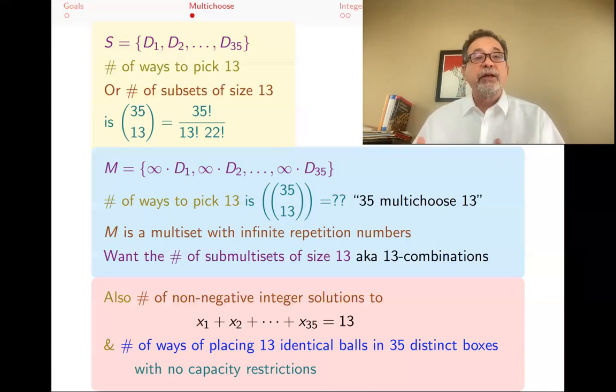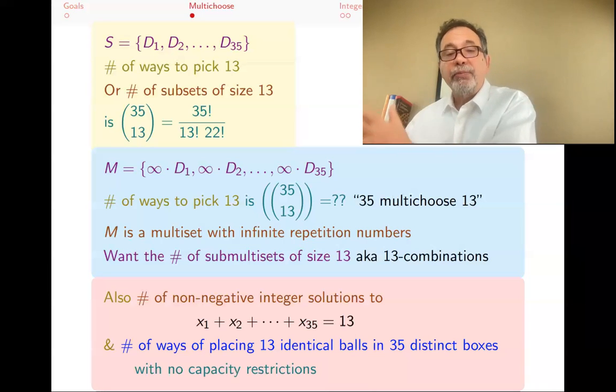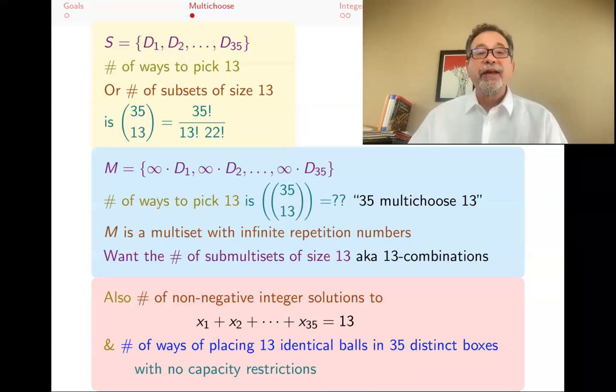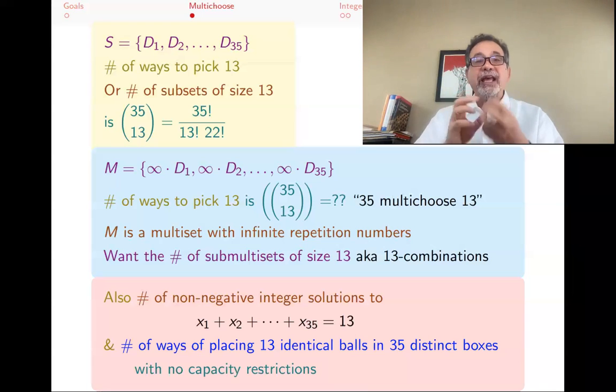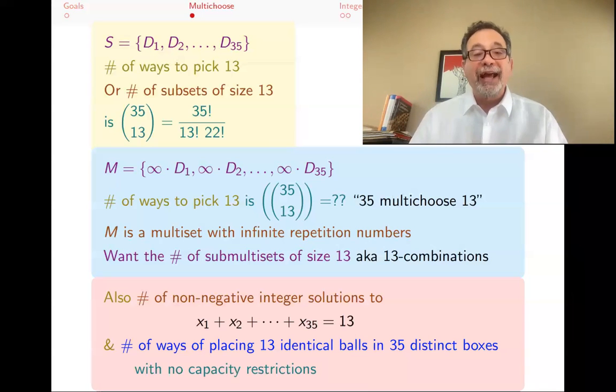There's going to be one box for donut type 1, one box for donut type 2, one box for donut type 35, and I've got these 13 balls that are all the same. I'm going to put them in the boxes. Putting in the boxes is the same as choosing them. Since there are no capacity restrictions, I could put all the balls in one box, or I could distribute them more evenly if I wanted to.